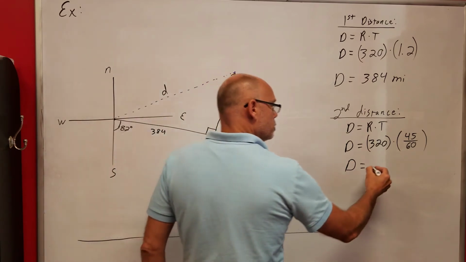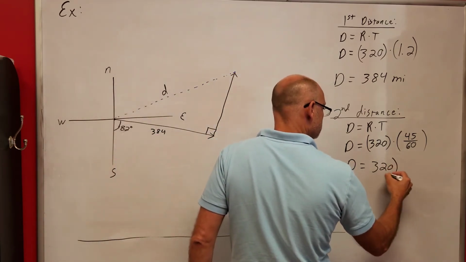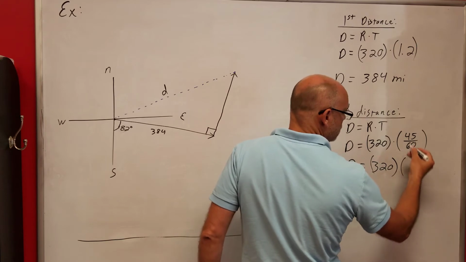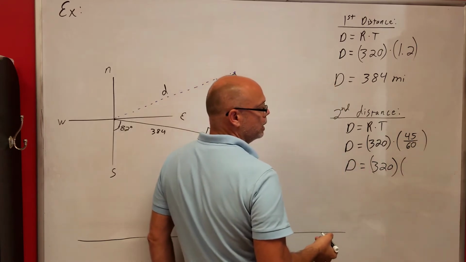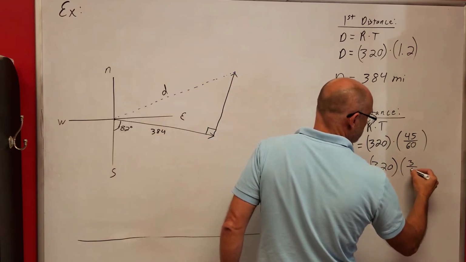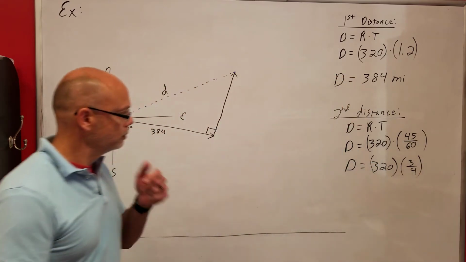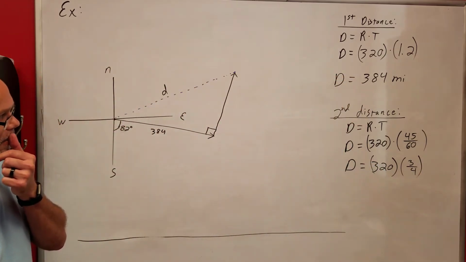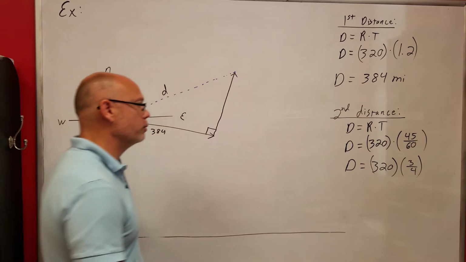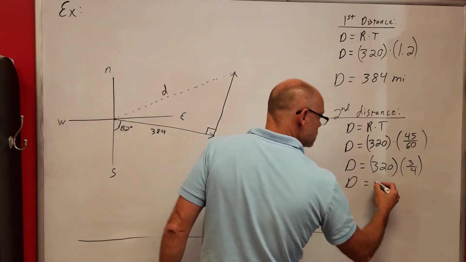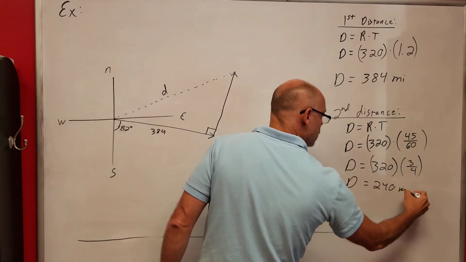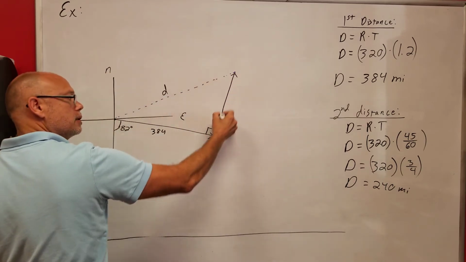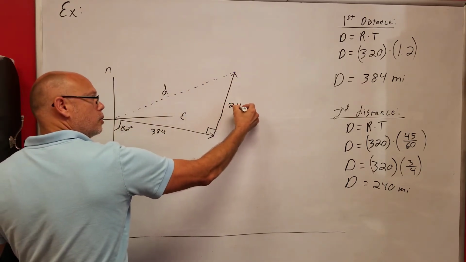That's 320 times, how can I simplify that? I could say that is 3/4, and that would be 80 times 3 or 240. So distance is 240 miles. So that gives me this distance right here, 240.